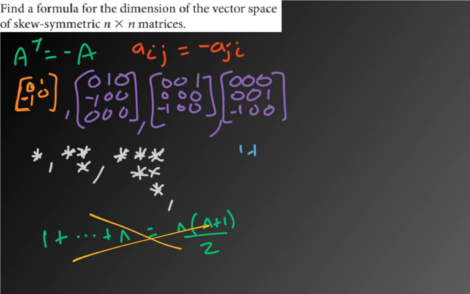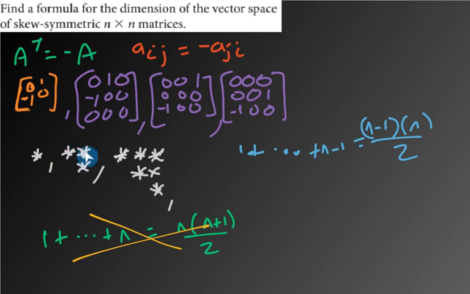So 1 plus and so on, up to n minus 1. And so what you get is you basically just drop this by 1. So you get n minus 1 times n over 2. And this is the number of basis vectors, and so we can test it.